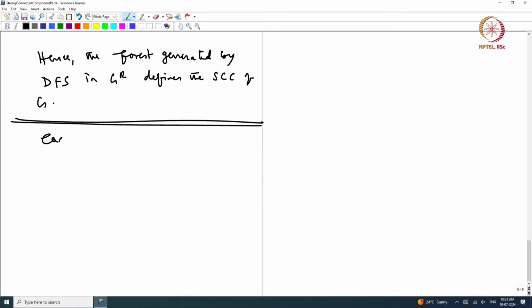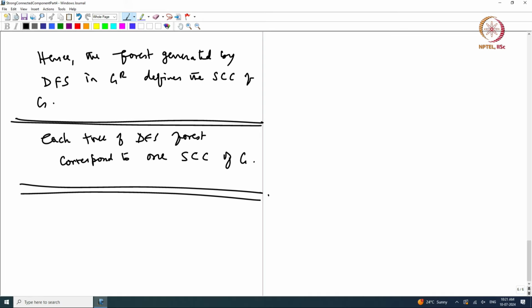The forest will have several trees, each tree will correspond to a strongly connected component. Each tree of the DFS forest corresponds to one strongly connected component of G.